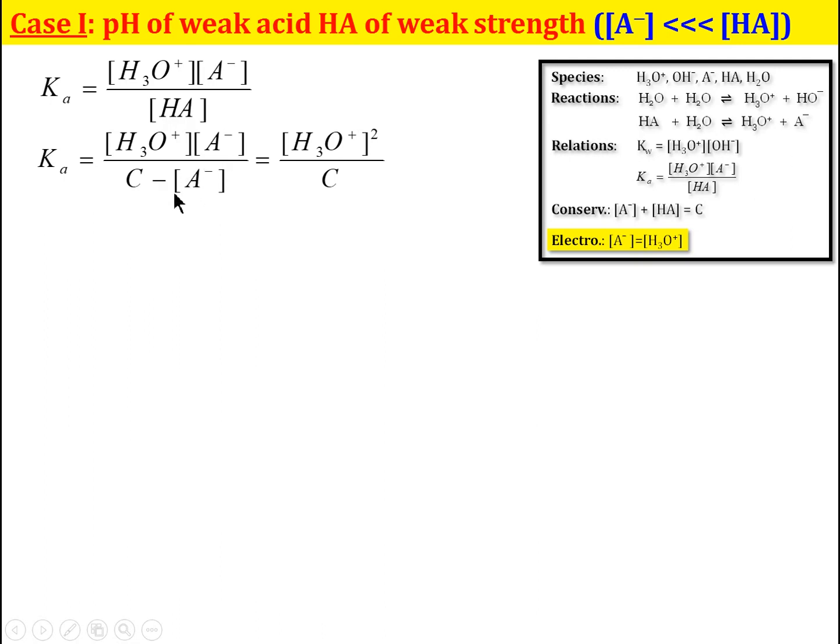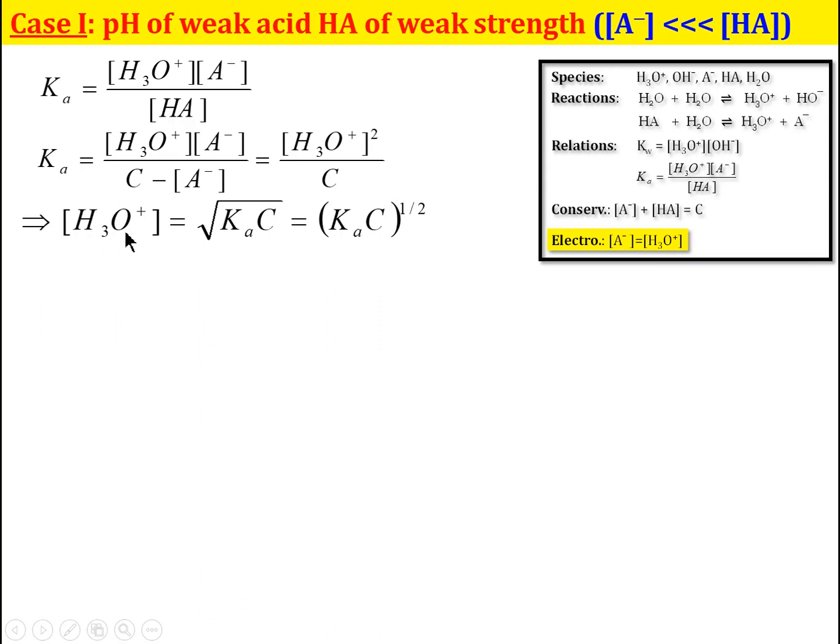And in this case, we can cancel A-, so Ka equals H3O+ squared divided by C. Therefore, H3O+ squared equals Ka times C. So the H3O+ concentration in the solution equals the square root of Ka times C.